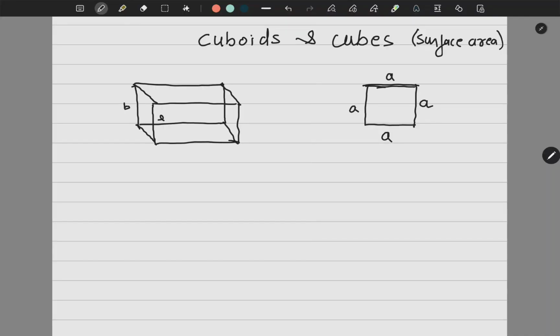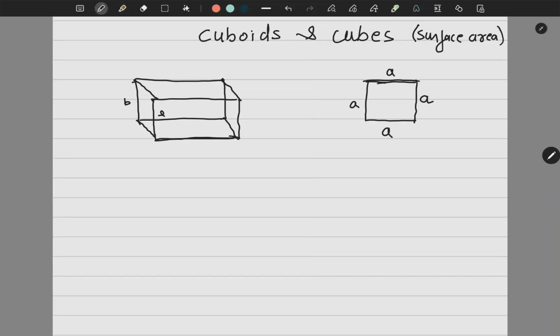Okay, so now the cuboid, as I said, is made up of 6 rectangles. Now suppose this is the first rectangle. I'll take the first rectangle to explain to you, and suppose this is the length L and this is the breadth B, right? So this will be the height, which I should represent by H, right?